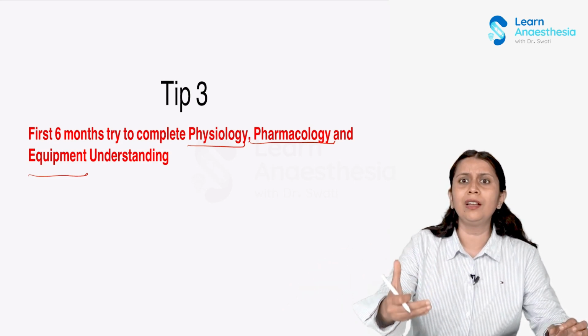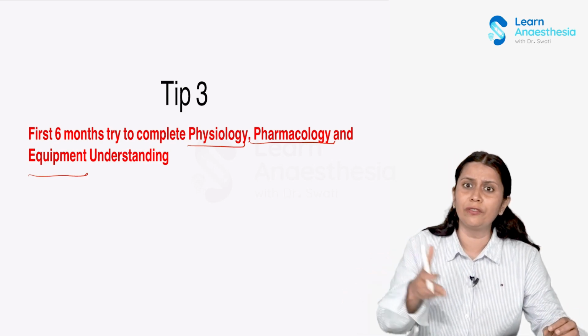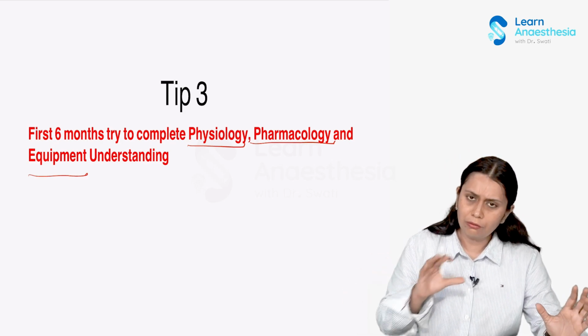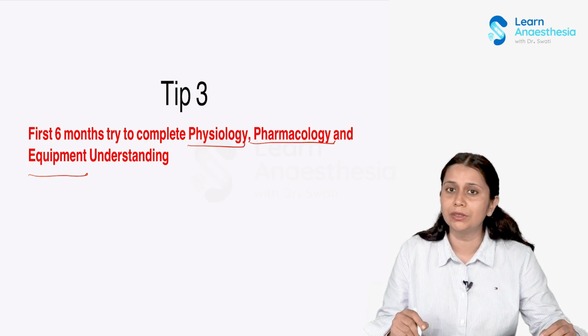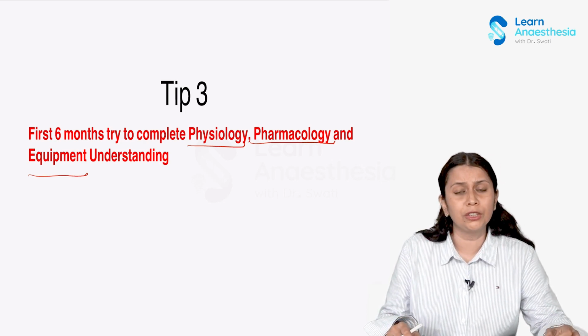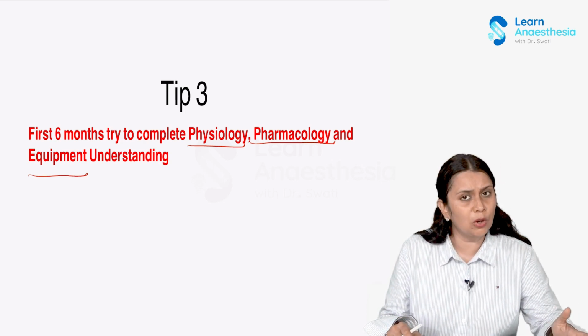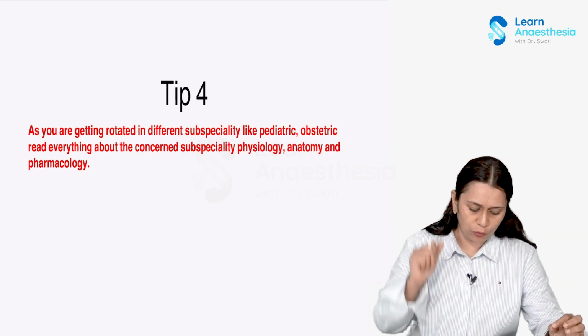How would you know what drugs are safe when you are conducting the case if you don't know the physiology and the effect of anesthetic agents on the physiology? So relevant physiology is a must. Again, equipment understanding is equally important. You should know your equipment, then only can you use it safely. So read about the equipment, pharmacology and physiology in the first 6 months. Definitely cover it.